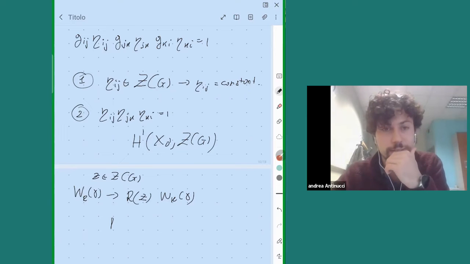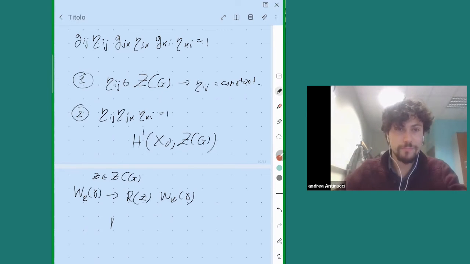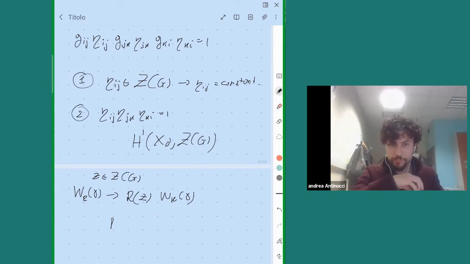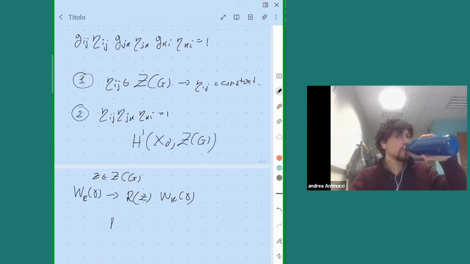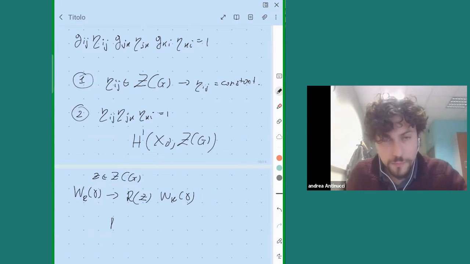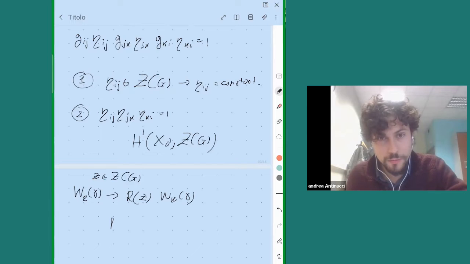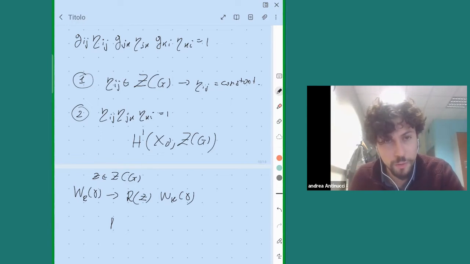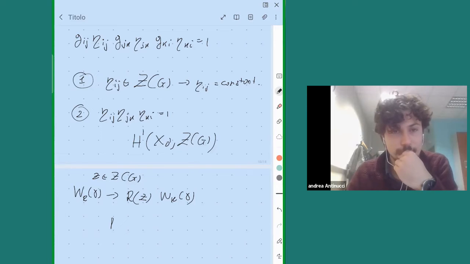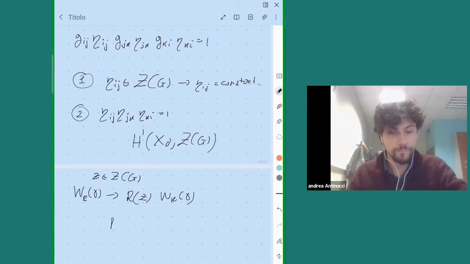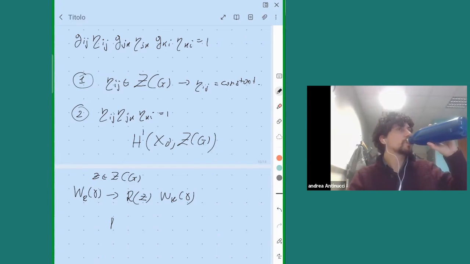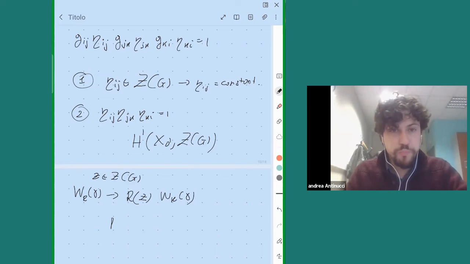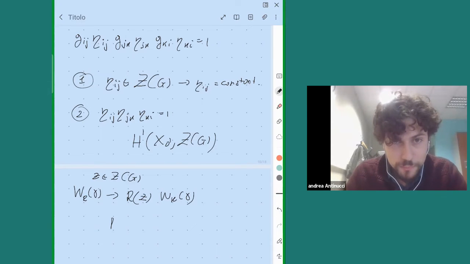Sorry, I have a question. Does the second condition need to hold all the time? Because if the second condition holds all the time, then I guess that I need the first one for sure. Can you repeat that? Why do we need the second condition? Do you perhaps necessarily need the second condition or not?